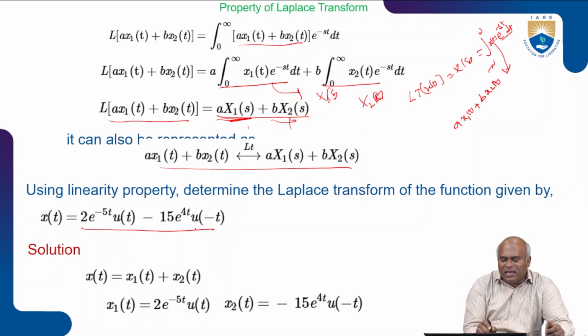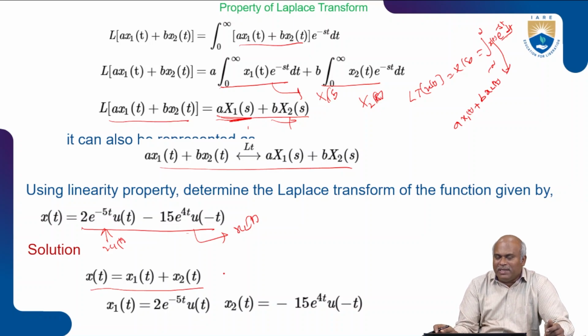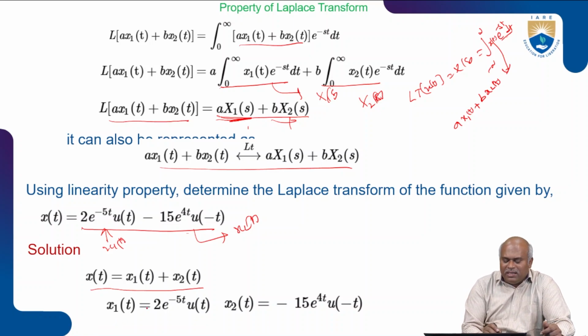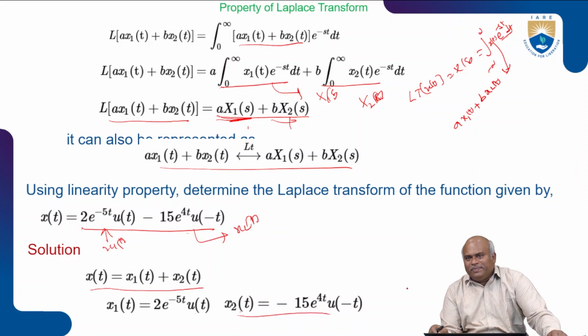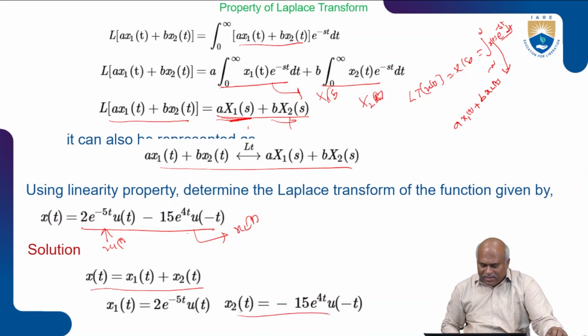We consider this as two signals. x of t is x1 of t plus x2 of t, where x1 of t is 2 e power minus 5t u of t, and x2 of t is minus 15 e power 4t u of minus t.